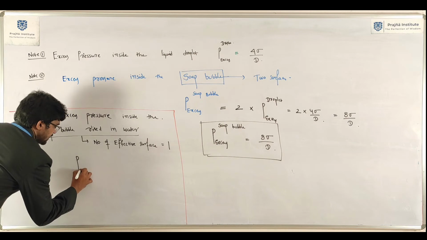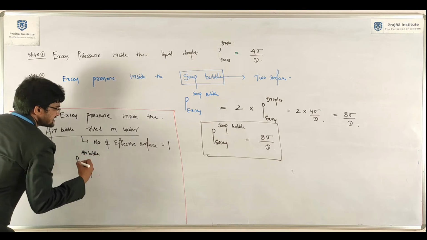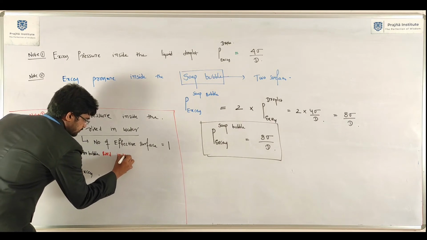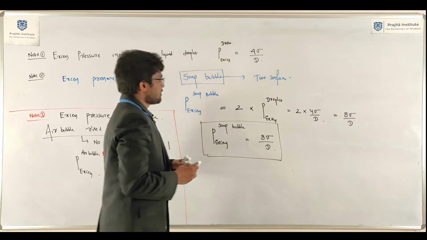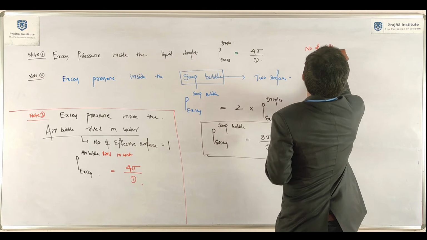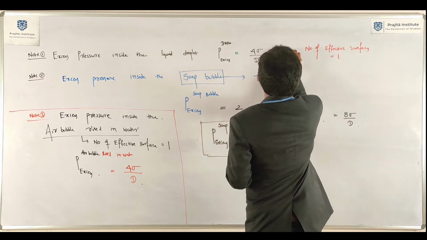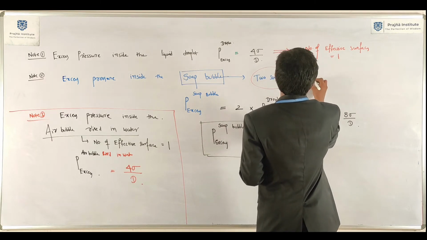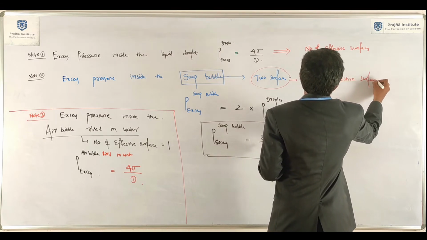That is why the excess pressure in the air bubble raised in water is equal to 4 sigma by D. Here the number of effective surfaces is equal to 1. Here, in the soap bubble, 2 surfaces, the number of effective surfaces is equal to 2.